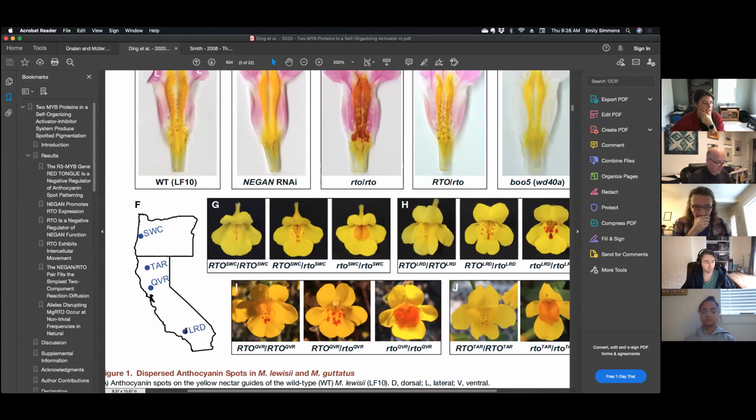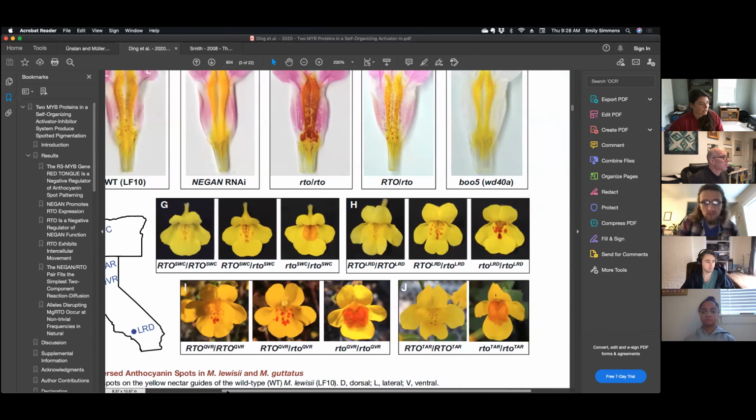So Mimulus naturally occur all the way from the southern end of Mexico up the west coast of North America all the way to Alaska. That's their native region, though they have also naturalized in pretty much all over the world, including in the UK.